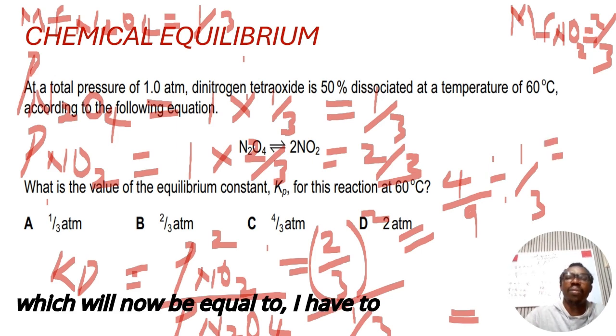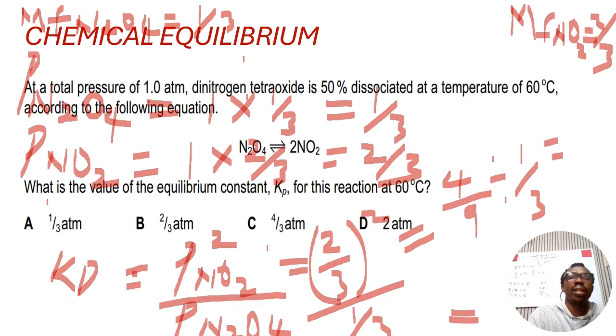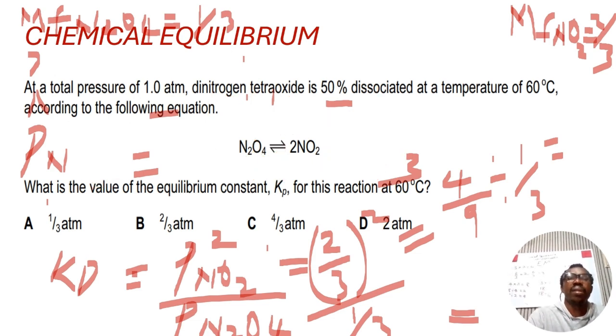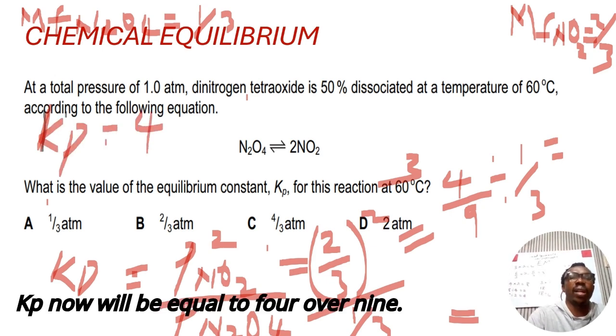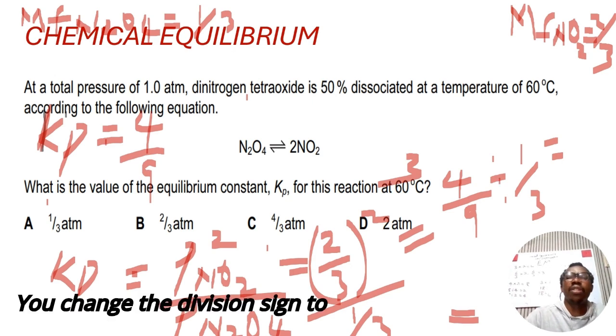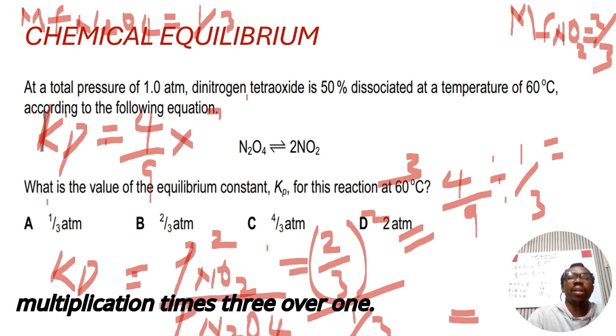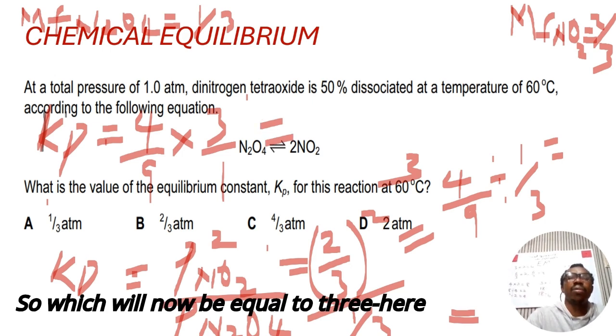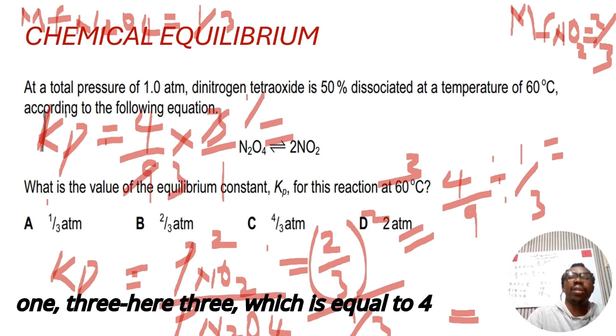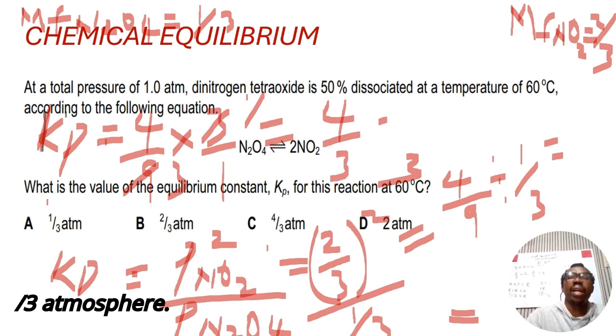Kp will be equal to 4/9. You change the division sign to multiplication times 3/1. 3 here, 1, 3 here, 3, which is equal to 4/3 atmosphere.